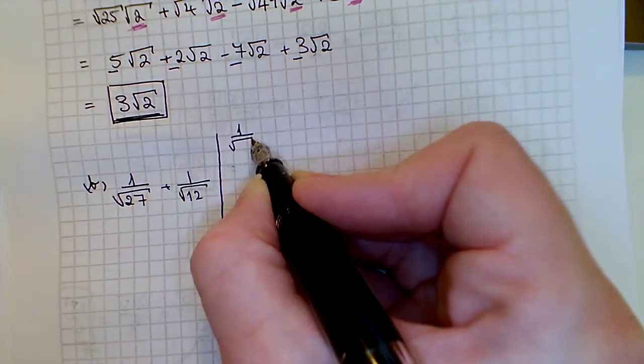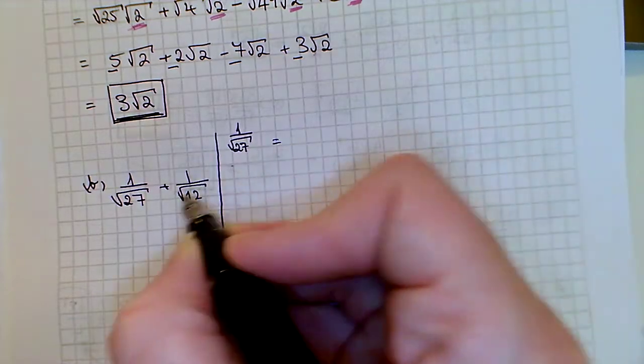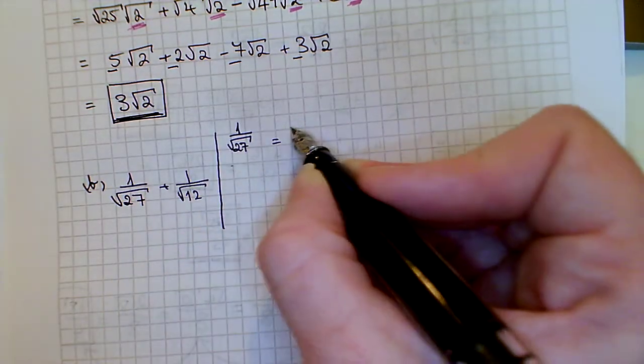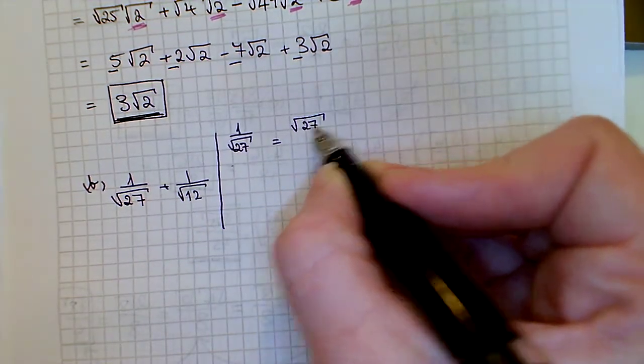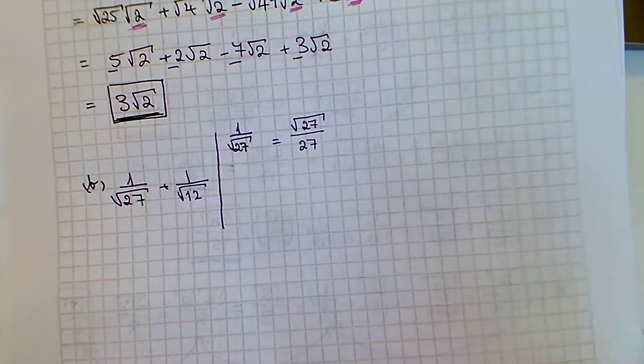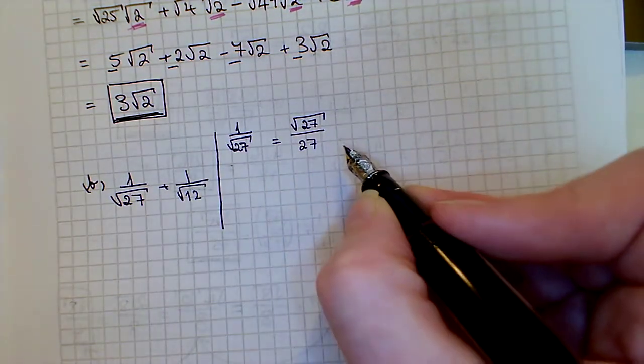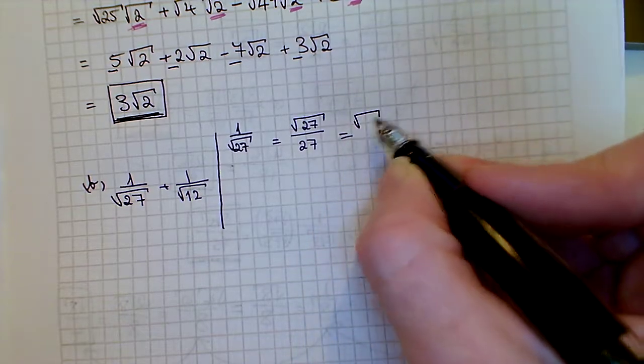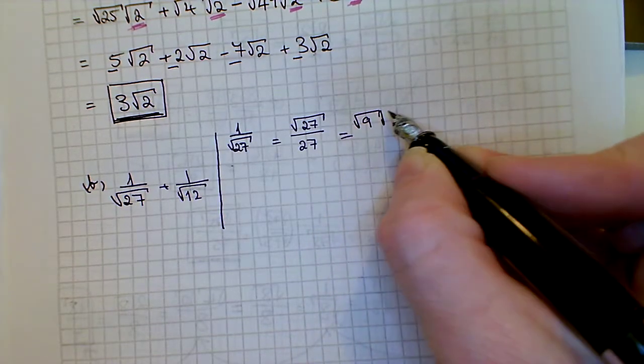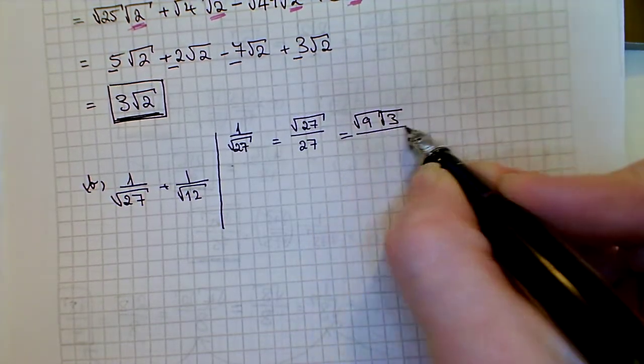So 1 over the square root of 27, we know can be written as the square root of 27 over 27, from following the pattern that we've seen before. But there's a step further we can go. There's a perfect square that divides into 27.